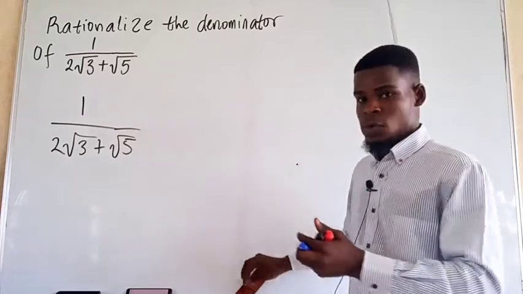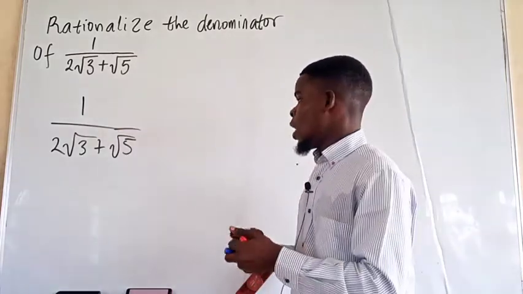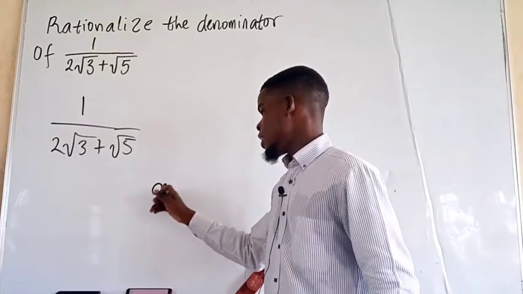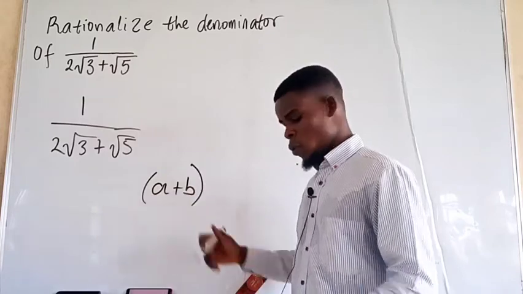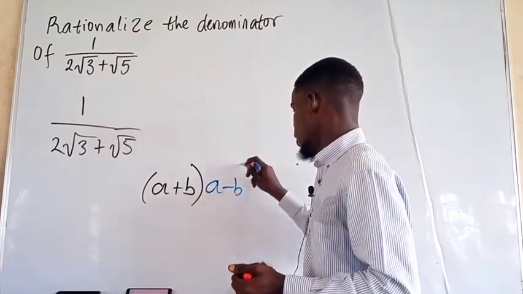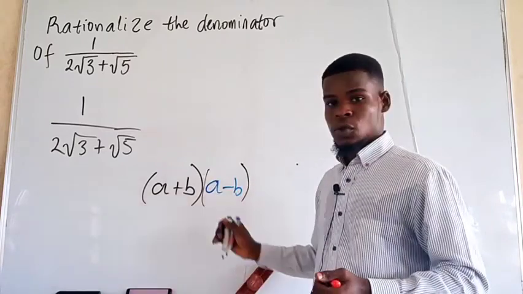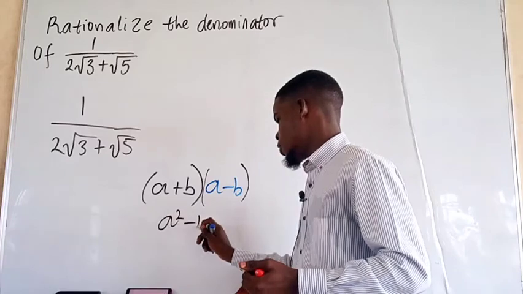The reason is that we are just having square roots here. This is what I mean. When we have A plus B, if you multiply this with A minus B, this will lead you to a difference of two squares. So you're going to have A squared minus B squared.